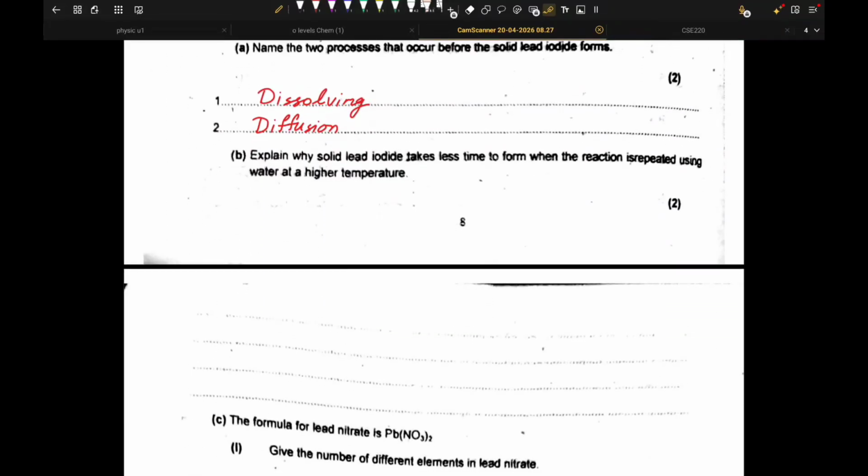Explain why solid lead iodide takes less time to form when the reaction is repeated using water at a higher temperature. I did not write this answer beforehand because I wanted to write it in front of you. First of all, it speaks of higher temperature. So how are we going to approach this? We have to take this approach according to the kinetic theory of particles.